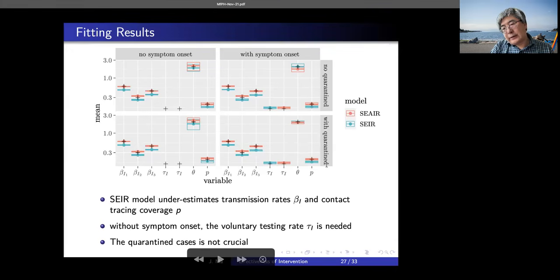However, with or without the quarantined cases, it really just narrows the confidence interval a little bit, but there's no big difference. The estimates are roughly the same with a narrower confidence interval. So it's not important to include the quarantined cases in the data.